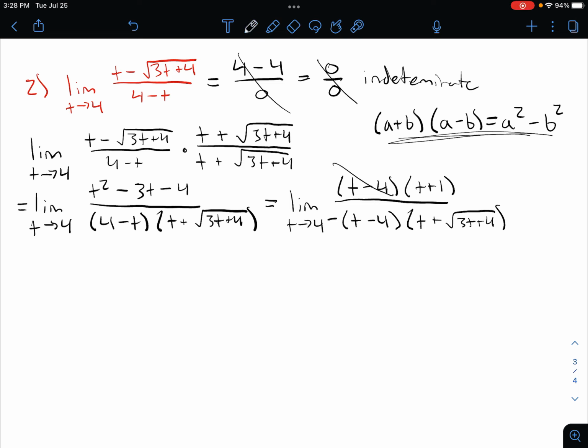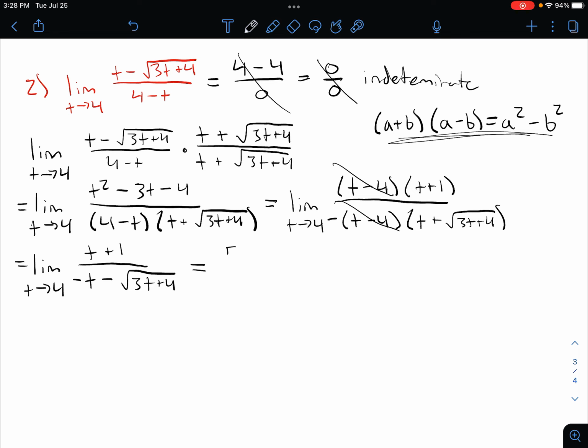And that means that we can cancel these two terms. And we get limit as t approaches 4 of t plus 1 over negative t minus, because I'm distributing, square root 3t plus 4. So now let's put in 4 again and see if that helped us.